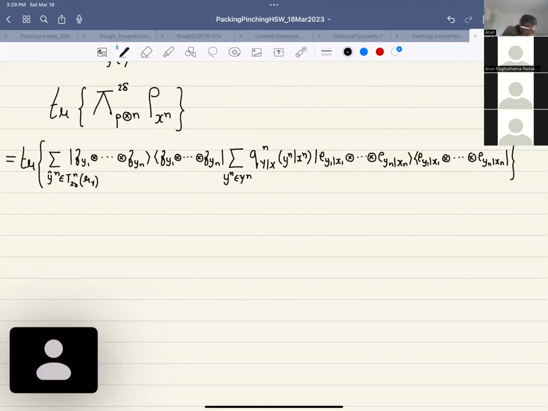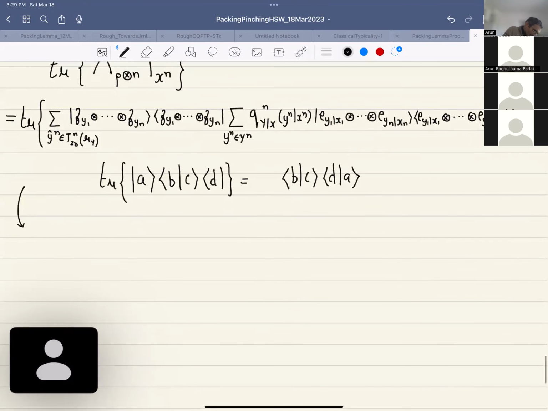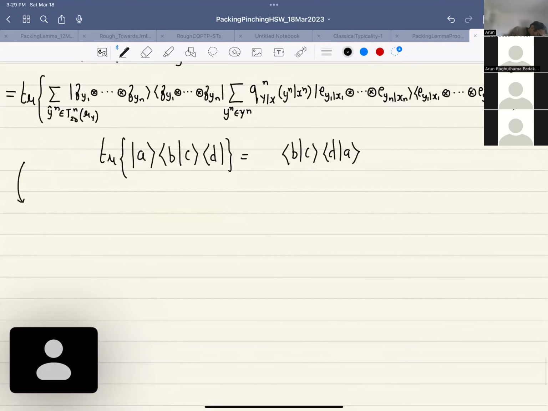Okay. So what is the trace? Remember, trace of A, B, C, D is essentially B, C, D, A. So from that, I can write this as follows.